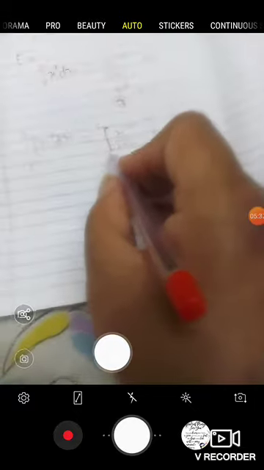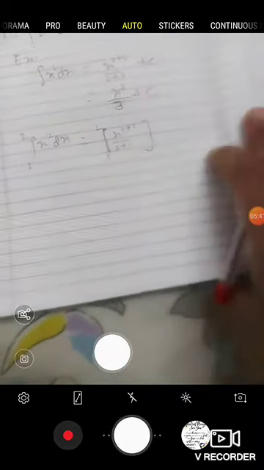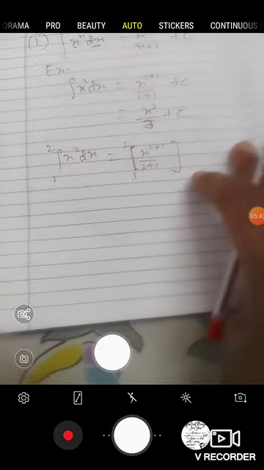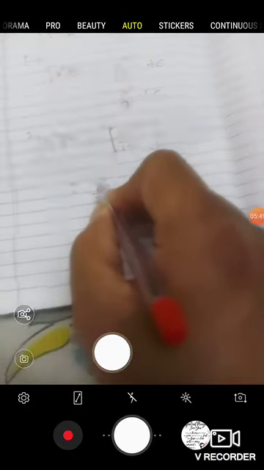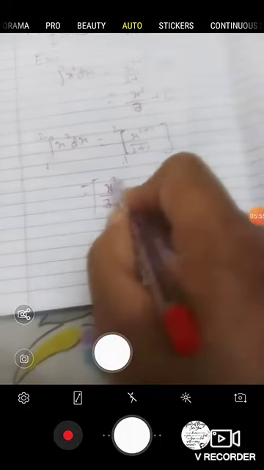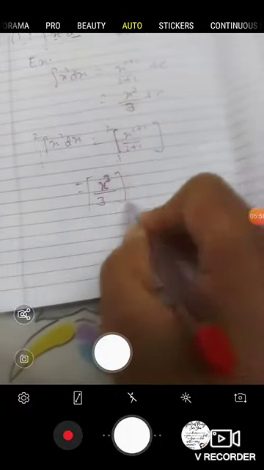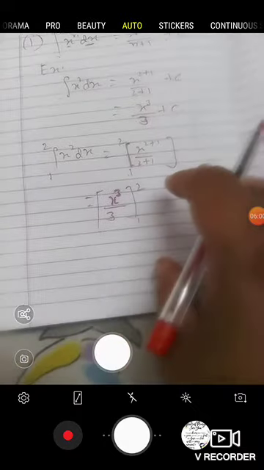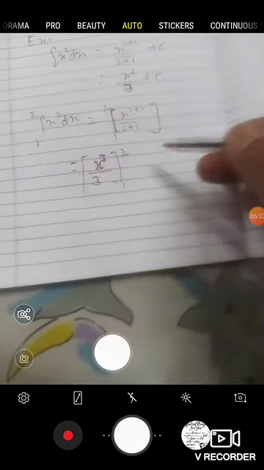You can write the limits on the left hand side or on the right hand side also. That is not a big issue. So what I will get here is x cube by 3, with limits from 1 to 2. Now I will not write plus c here.